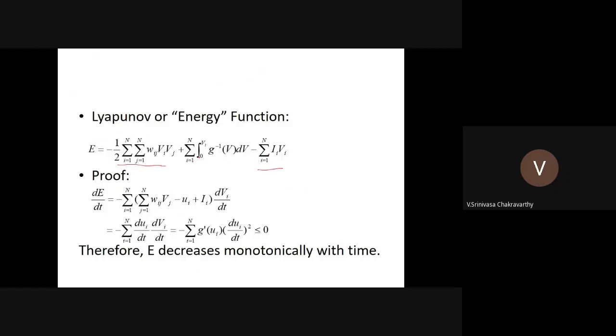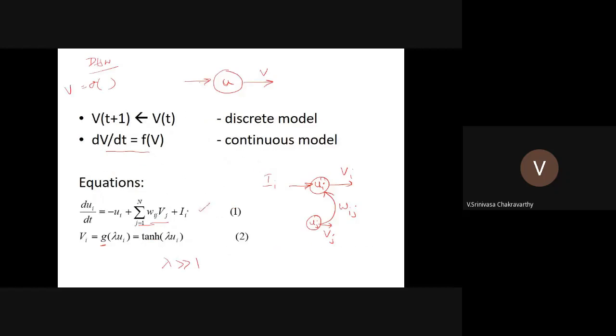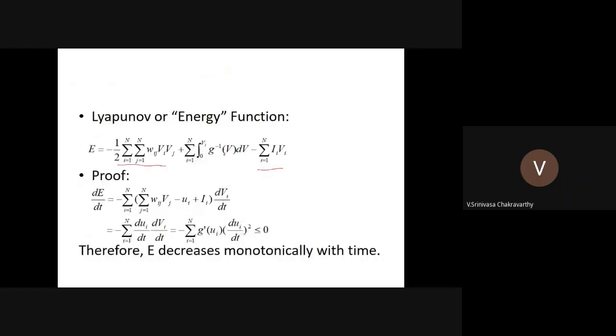So we can easily show that as this update progresses in time, this energy function goes to a minimum. Basically, the update is like performing a gradient descent over this energy function. You can show that, because if this is E, consider dE by dt, which you can show is of this form.